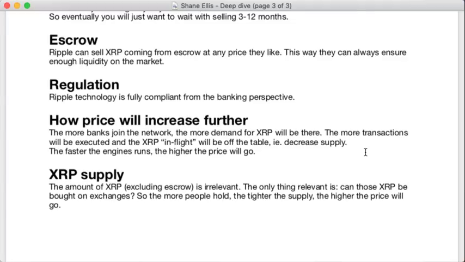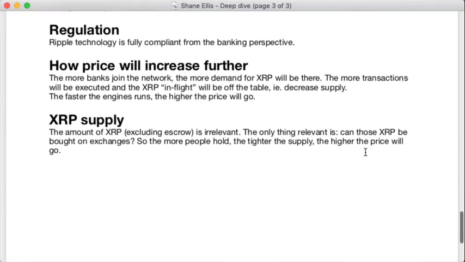What will drive the price even higher in the future? The more banks join the network, the more demand for XRP there will be, the more transactions will be executed and the more XRP in flight. Remember these transactions XRapid does, which take 2 minutes.